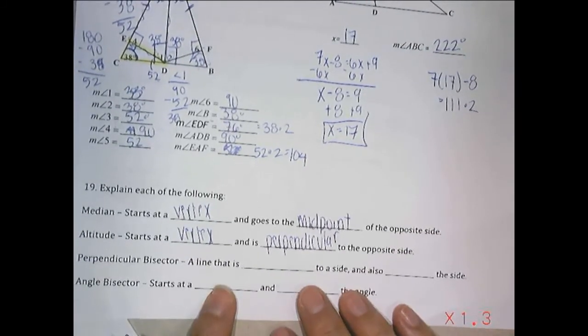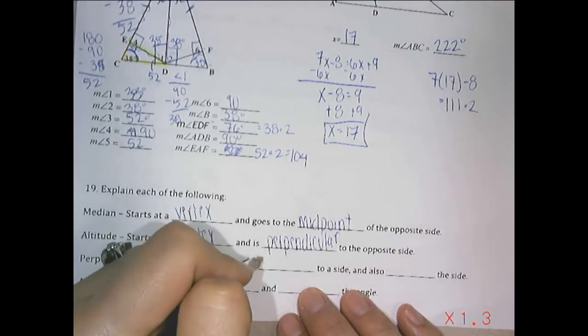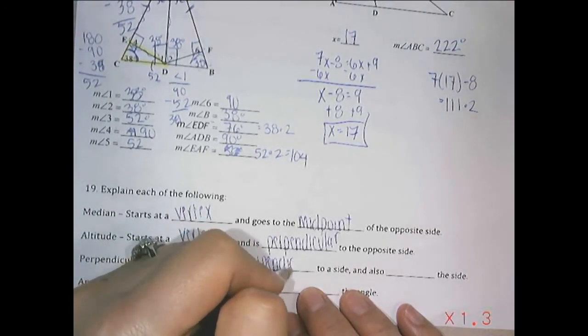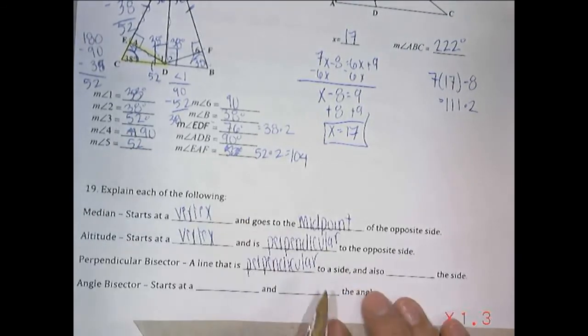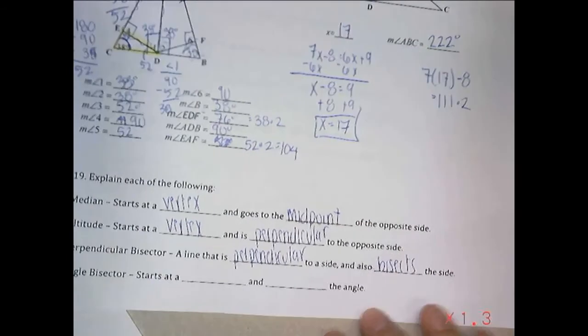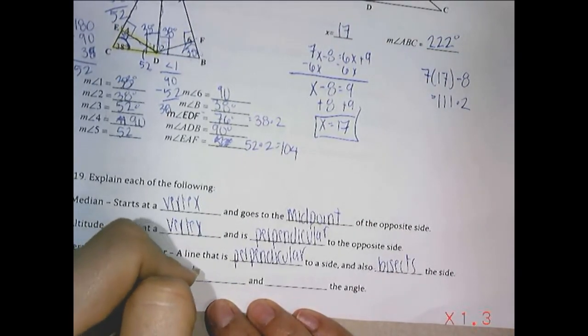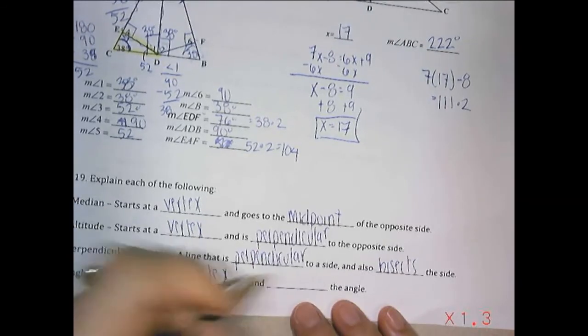Perpendicular bisector is a line that is perpendicular to a side and also bisects the side. An angle bisector starts at a vertex and bisects the angle.